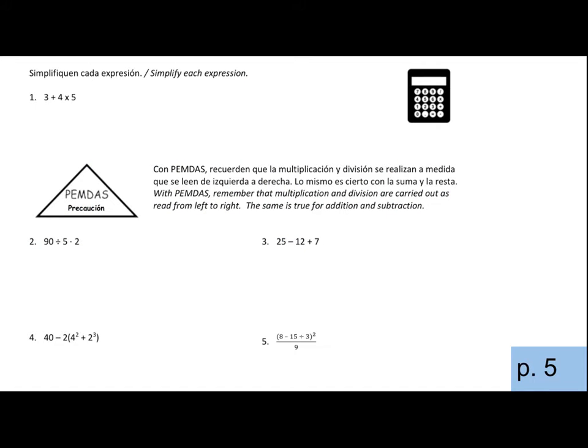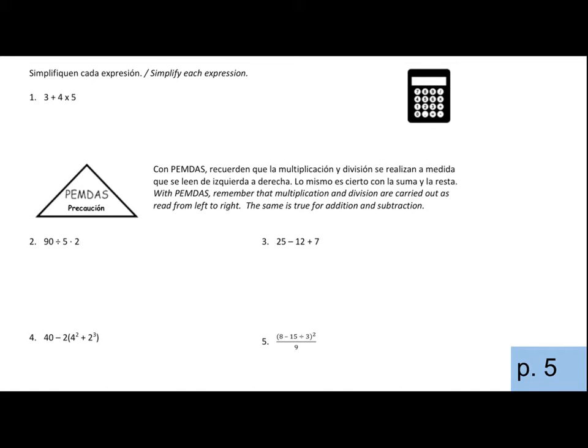Now we're going to use PEMDAS, the order of operations, to simplify these expressions. Simplify each expression. So the first expression we have is 3 plus 4 times 5. Well, what comes first?